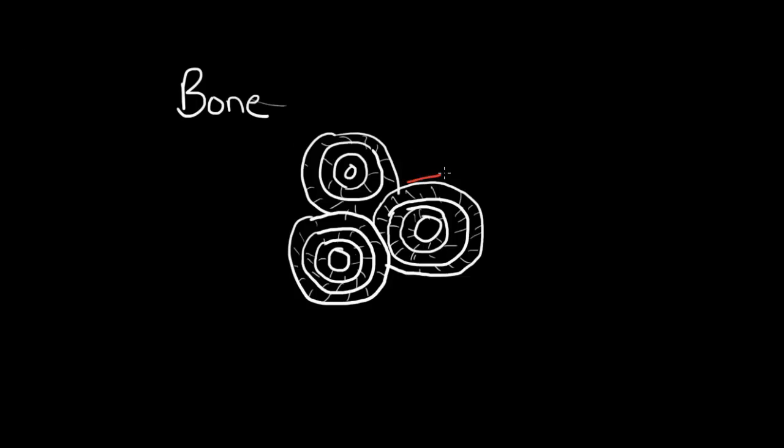In fact, if we were to look at one of these, all by itself, we would call that an osteon. Another name for that is a Haversian system.